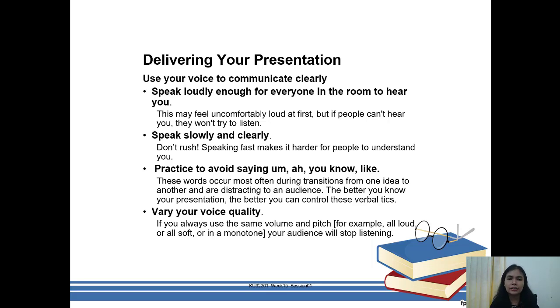And then after that, practice avoiding saying "uh" or "like". Stumbling in the middle of a presentation is possible, or normal. However, when you are stumbling, it is best to avoid saying "um" or something like that. These words occur most often during transitions from one idea to another, and sometimes this may be distracting to the audience.